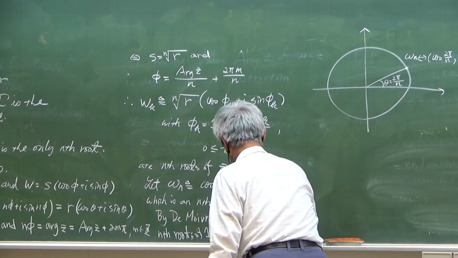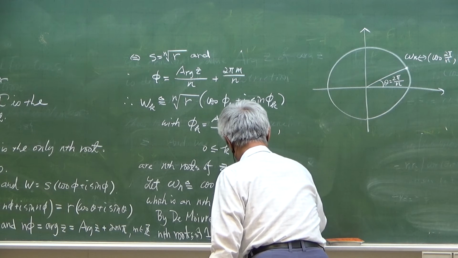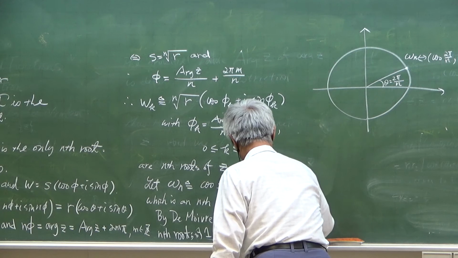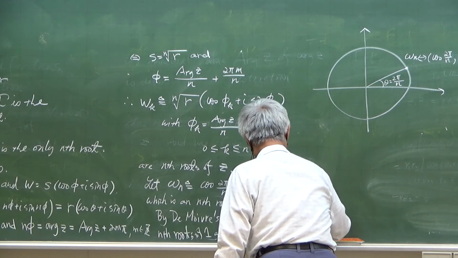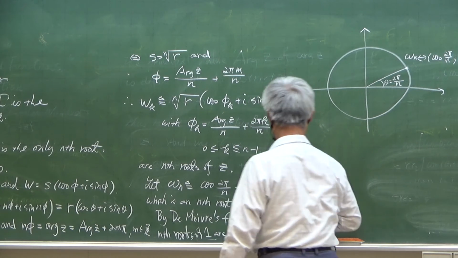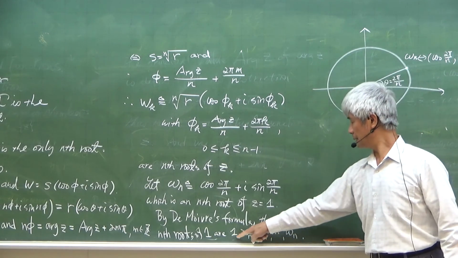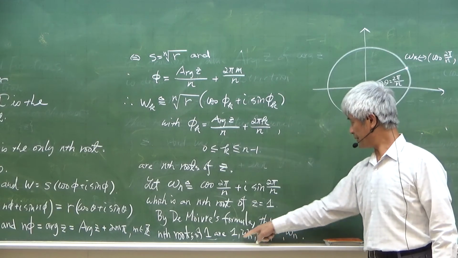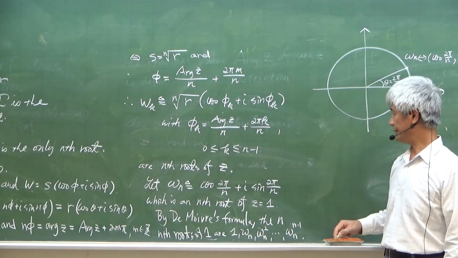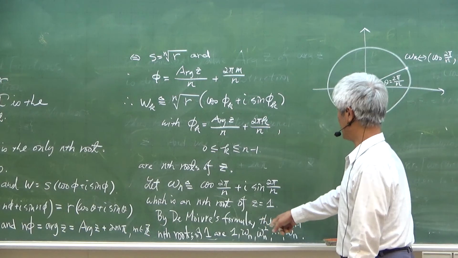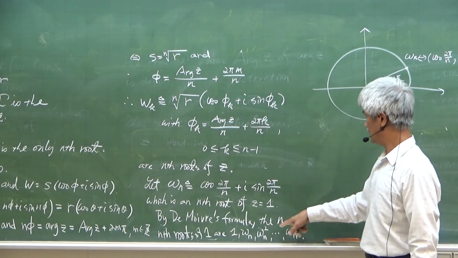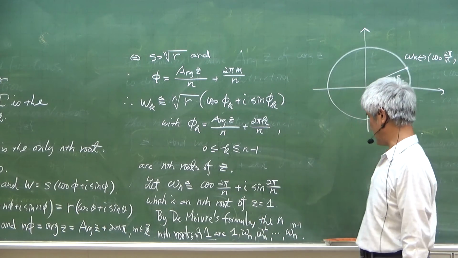1, omega n, omega n squared, up to omega n to the n minus 1 power. So we have n complex numbers which are nth roots of 1.